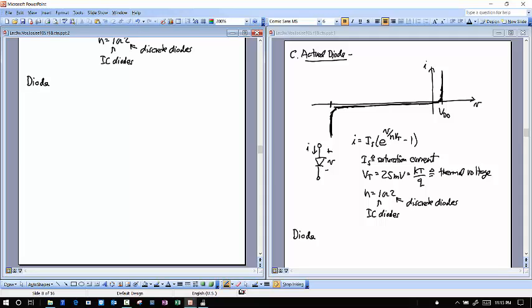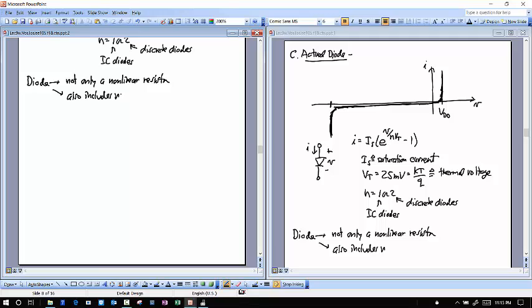But I do want to say that a diode is not only a nonlinear resistor, but it also includes nonlinear capacitance. And we're going to see that this nonlinear capacitance is going to be very important in the operation of not only a diode, but especially of a transistor, which contains a diode.